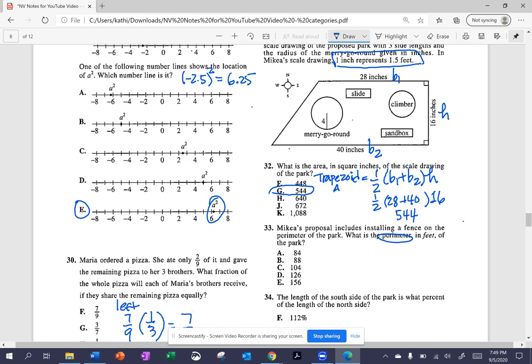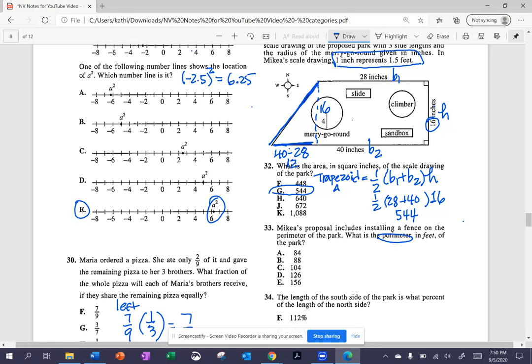So I have all the sides except this side, so I need to calculate that distance. I know I have a right triangle here. If this side is 16 over here, I know this side of the triangle will be 16. And to find this distance here, I know this is going to be 40 minus 28, which is 12.